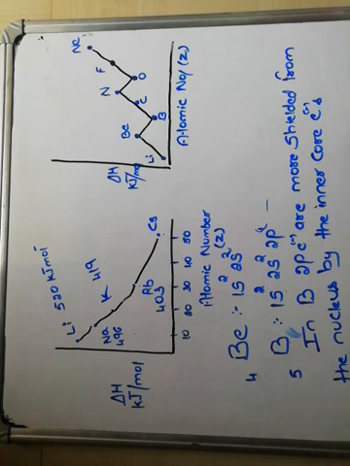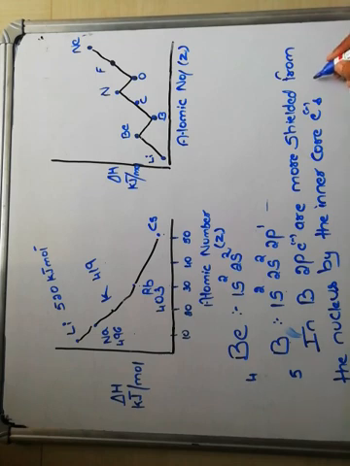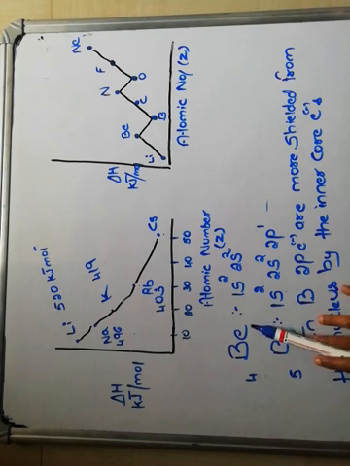So this is the reason. In boron, 2p electrons are more shielded from the nucleus by the inner core electrons when compared to the s electrons. For that reason, we can say that the ionization enthalpy of boron is less when compared to that of beryllium. Okay, so this is the reason.